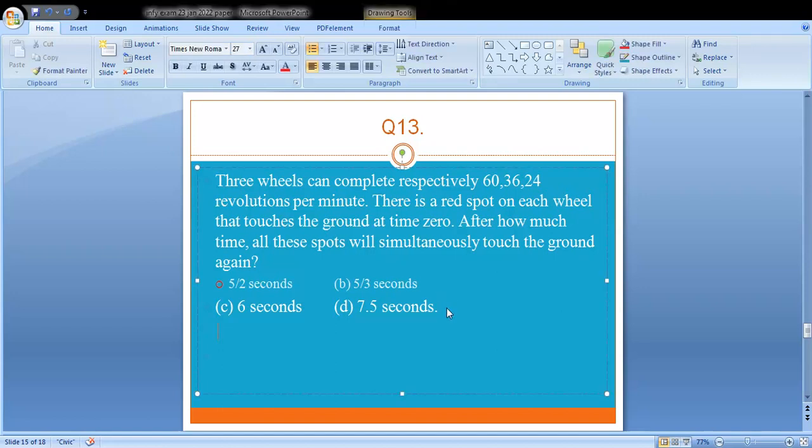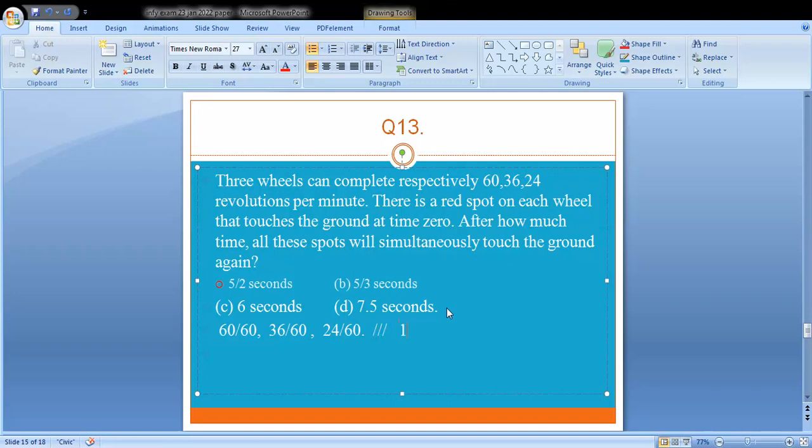Whenever they are going to touch again, it is not the GCD, it is the LCM which we have to take. For 60 revolutions per minute, 1 minute means I'm converting into 60 seconds because the answer is given in seconds. The second is 36 revolutions in 60 seconds, and the third one is 24 by 60 because minutes are converted into seconds.